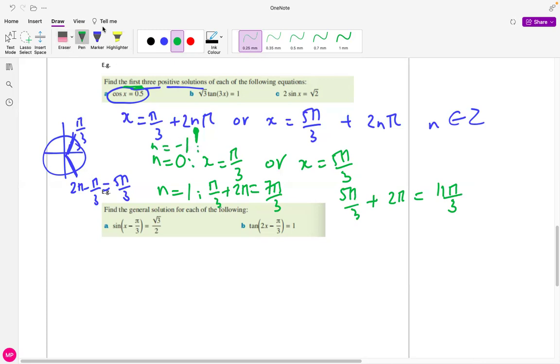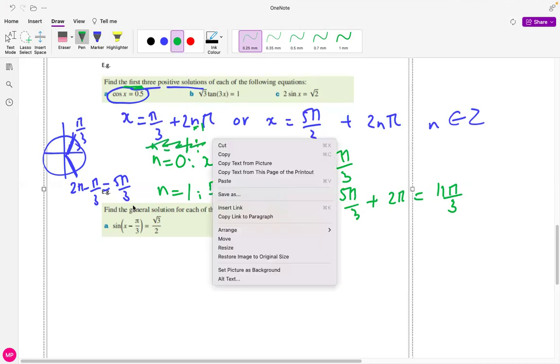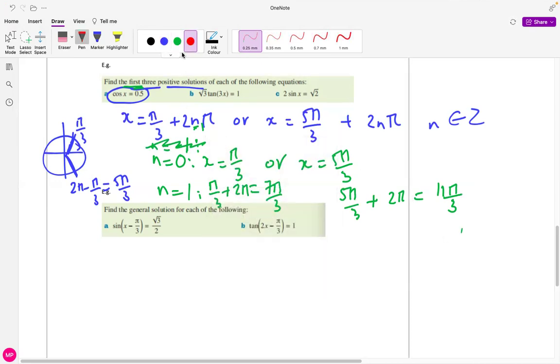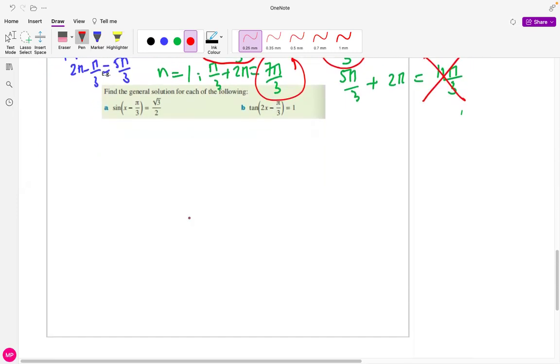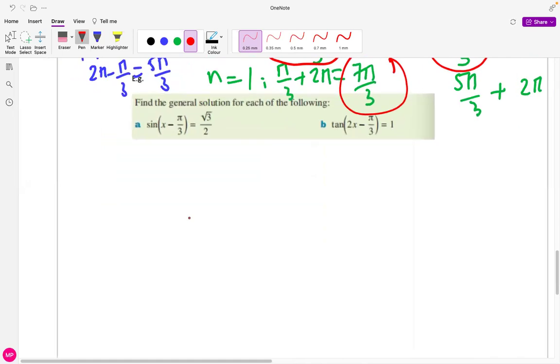If you substitute n as -1, you're going to end up with a negative solution, because you have pi/3 plus -2 pi, which gives you a negative. You don't want anything negative. So we want the first three positive: pi/3, that's the smallest, then 5 pi/3, and 7 pi/3. So we don't need this.